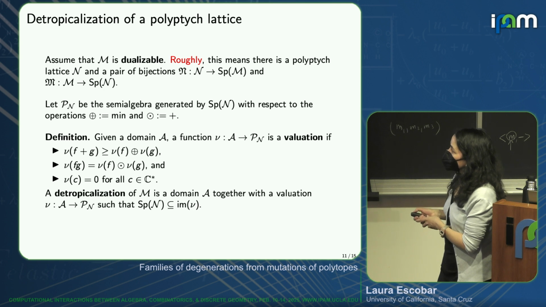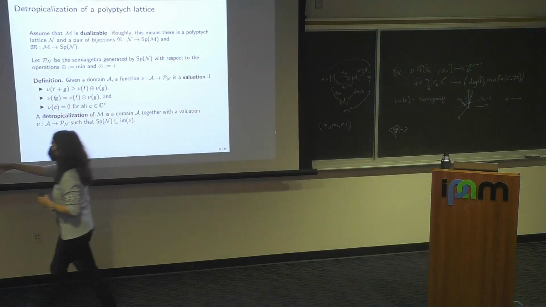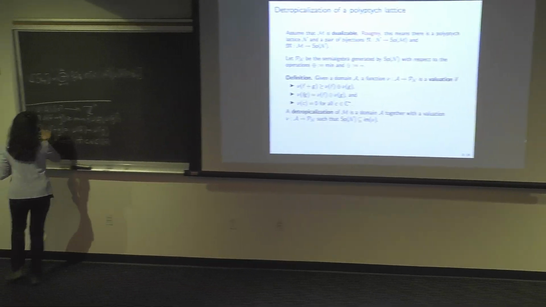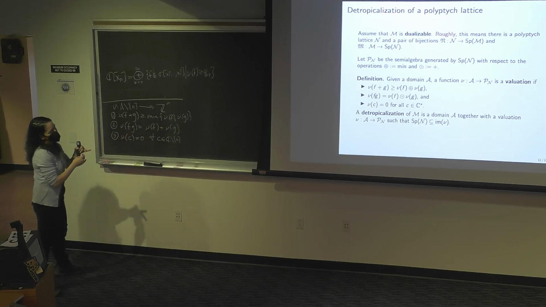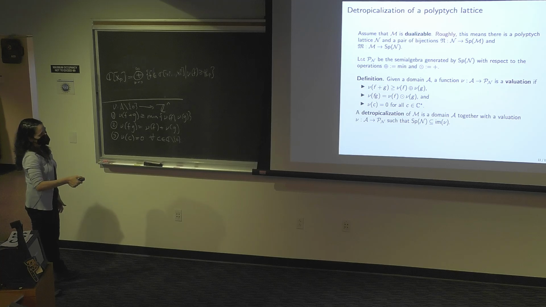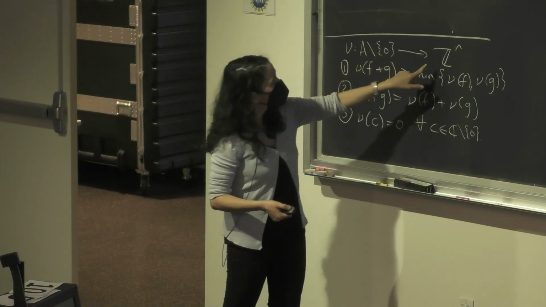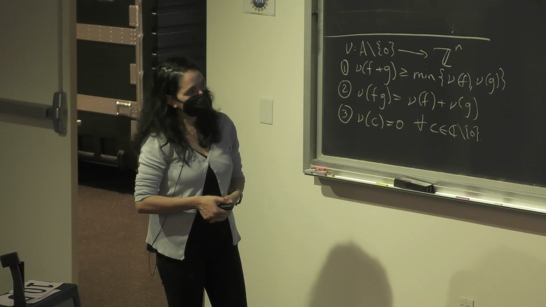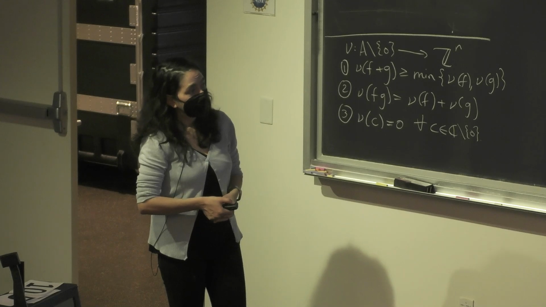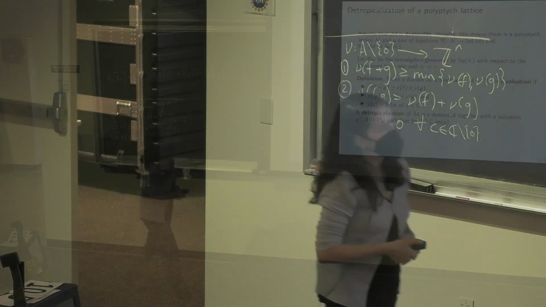Then we're going to define a valuation. This is why I had this on the board. It should look very similar, right? In tropical world, minimum means the tropical plus. So this looks just like that, except that now you're not mapping to Z^n, you're mapping to this semi-algebra. That is a bit esoteric, but it's a natural analog to the linear case.